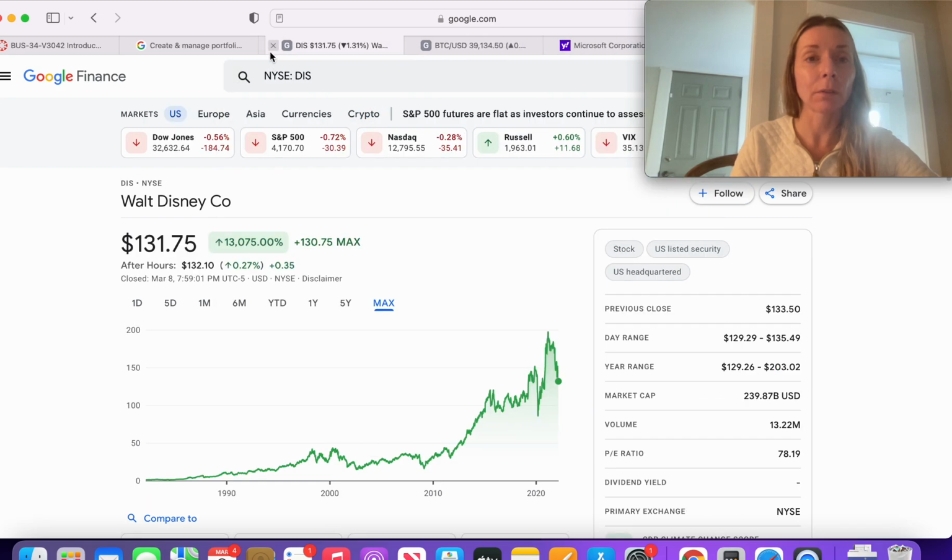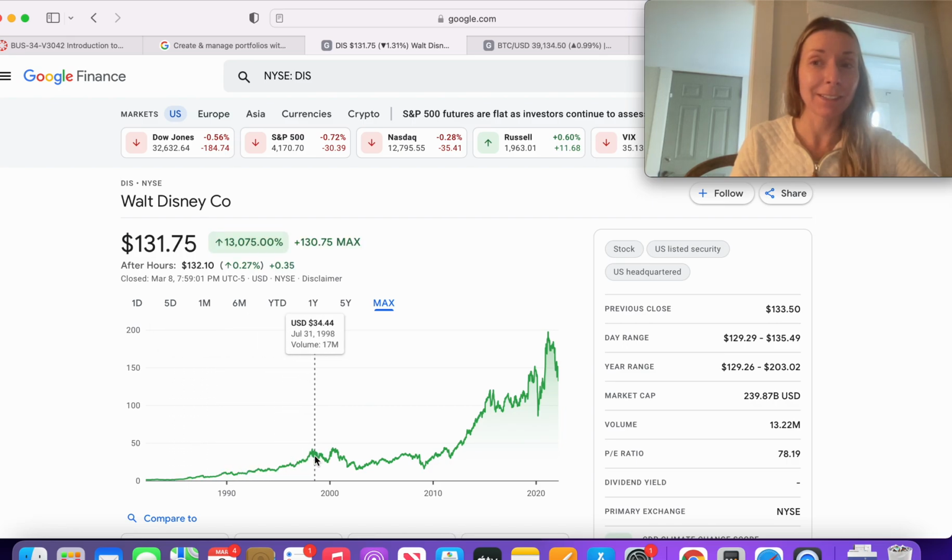Say I bought a share of Disney in 1984 for $1, and it goes to $34 14 years later. How do I compare that to some other stock that I bought for $50 and it goes to $150? Well, I look at the percentage change in the price, which is the return.